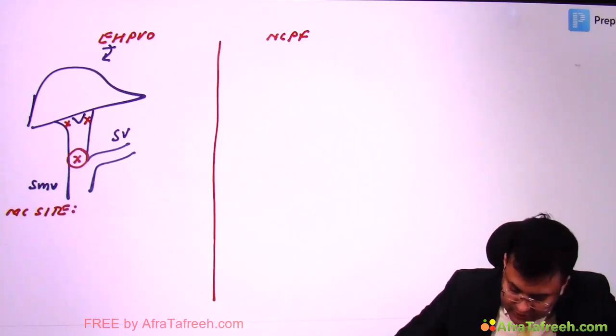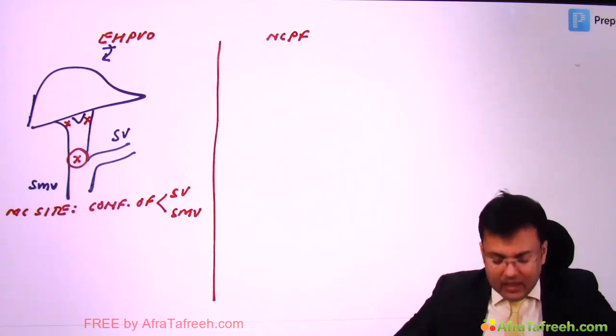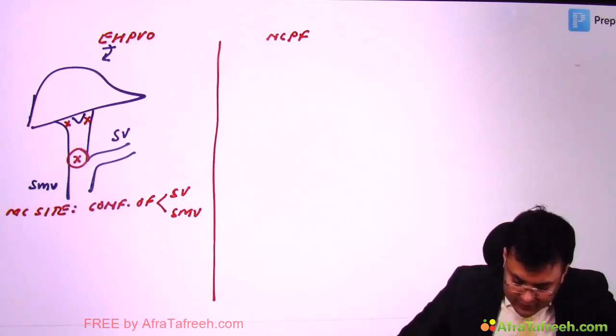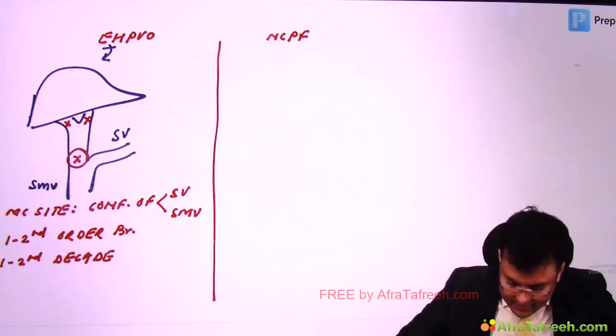It's the confluence of splenic vein and superior mesenteric vein, means where portal vein begins. Generally it is going to involve first or second order branches, right? And it is seen in first to second decade. We discussed splenomegaly is there. What kind of? Mild to moderate.